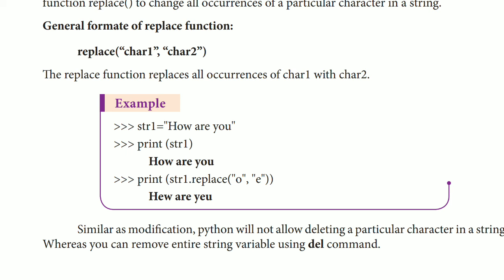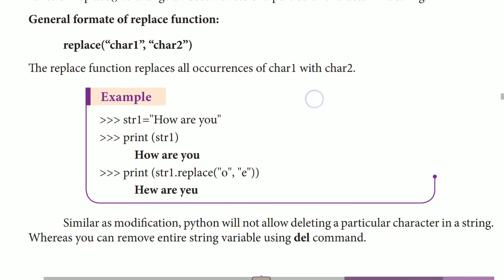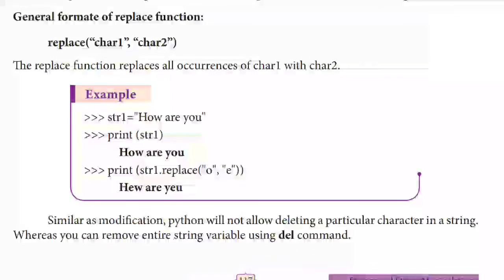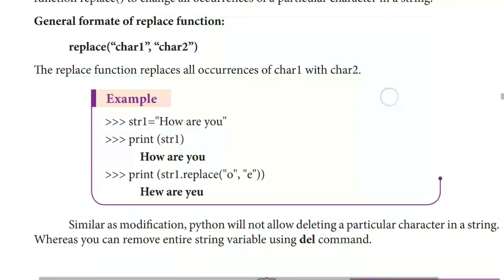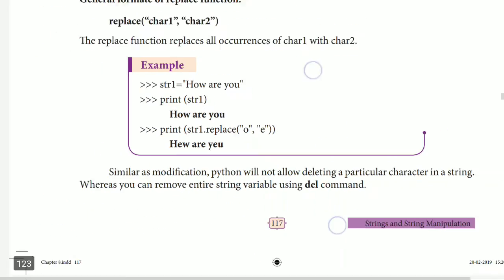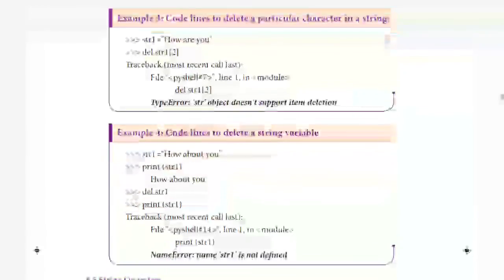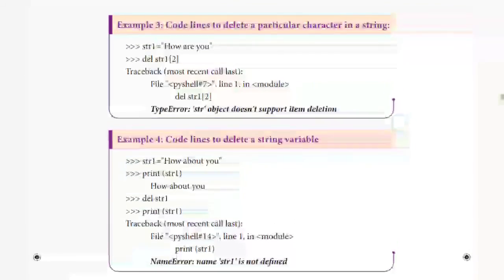So there is another command which is known as the del command. Similar to modification, Python will not allow deleting particular characters in the string, whereas you can remove the entire string variable using the del command. So there is a special kind of command which is known as del.